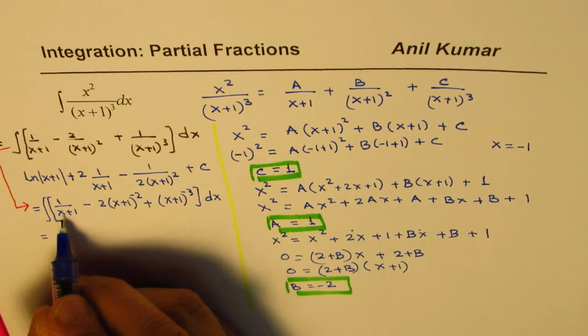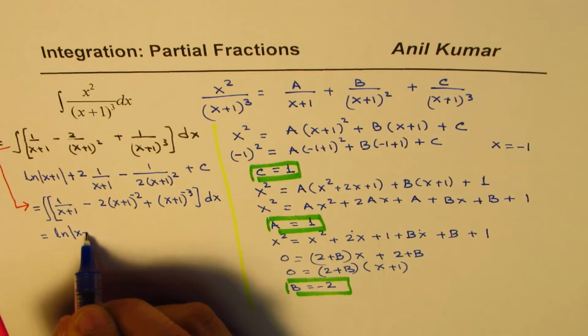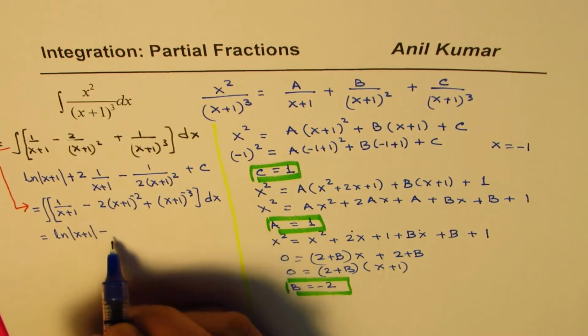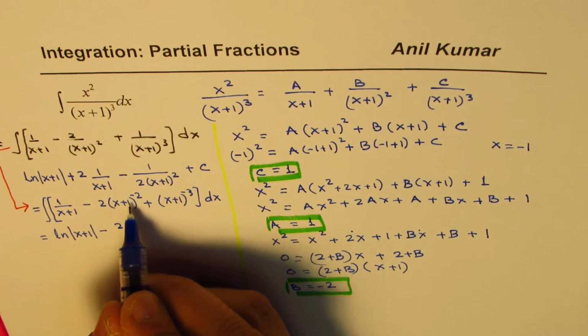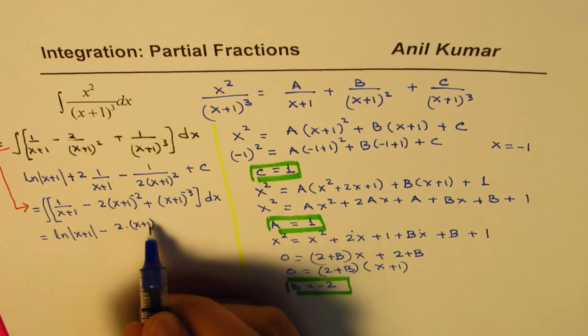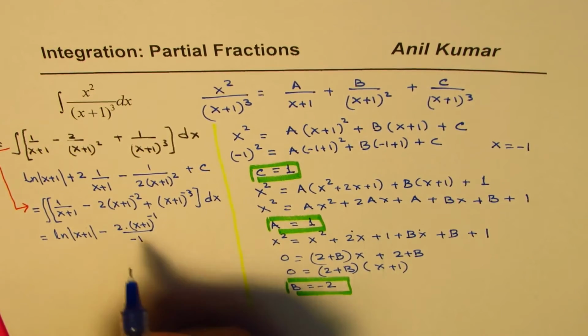Now the integral of the first one is ln absolute value of x plus 1. Here it will be 2 times (x plus 1) to the power of minus 2 plus 1, which is minus 1, divided by minus 1, so that makes this positive.